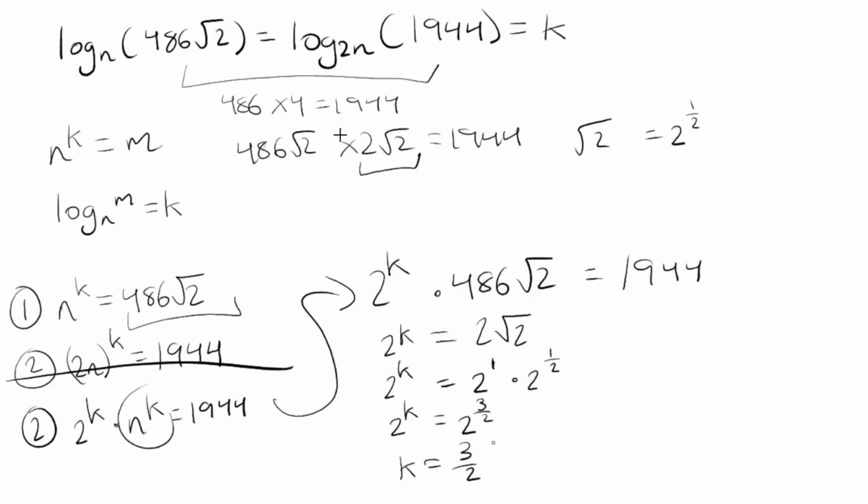And yeah, I forgot to tell you what the question is asking. The question is asking for n to the 6. What is n to the 6? To find n to the 6 is pretty easy at this point.